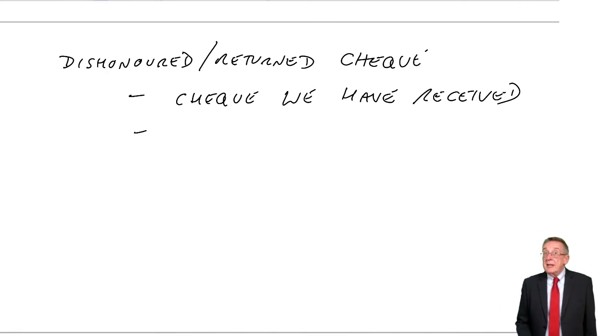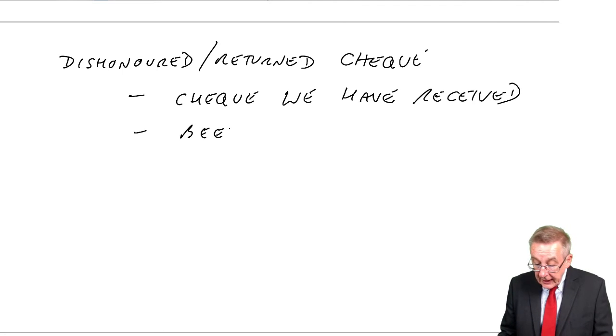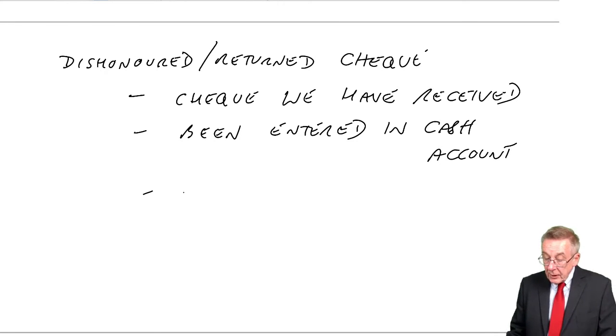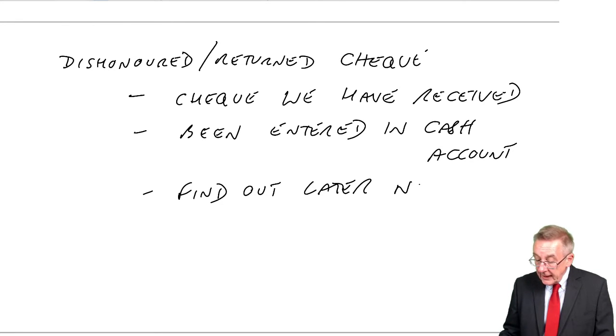and of course, as soon as we receive a cheque, we don't know there's a problem. It'll have been entered in the cash account. But we find out later that there's no money.